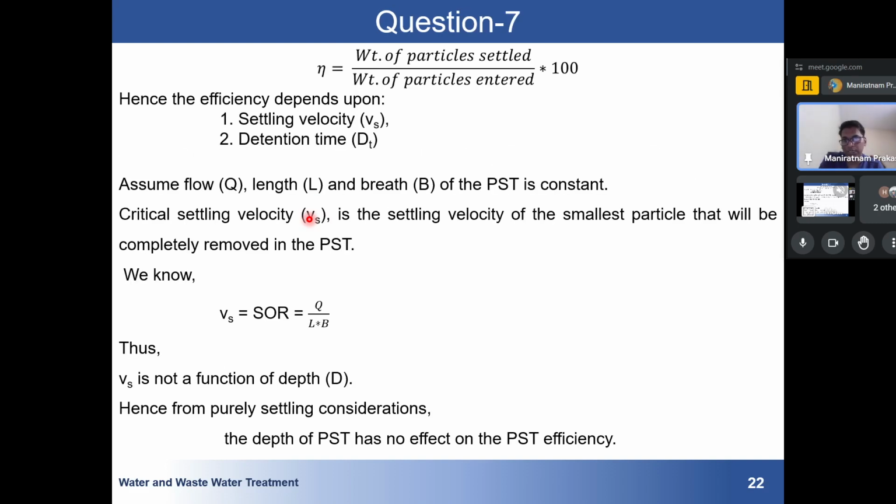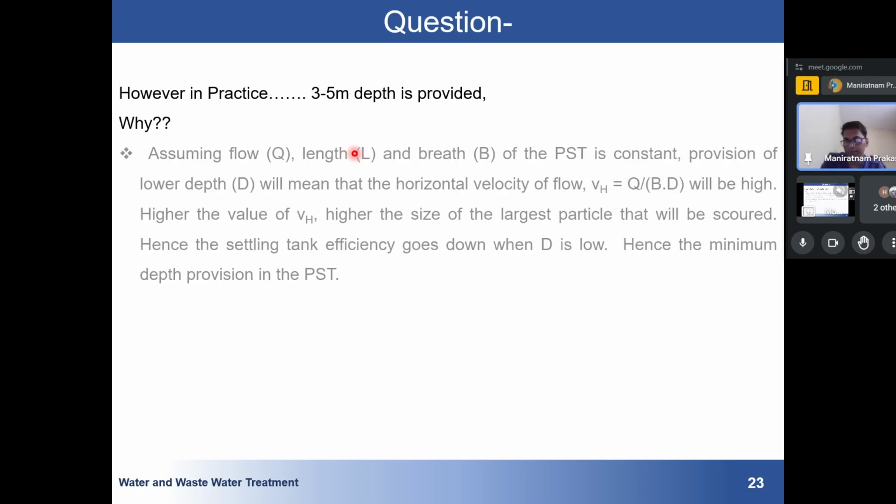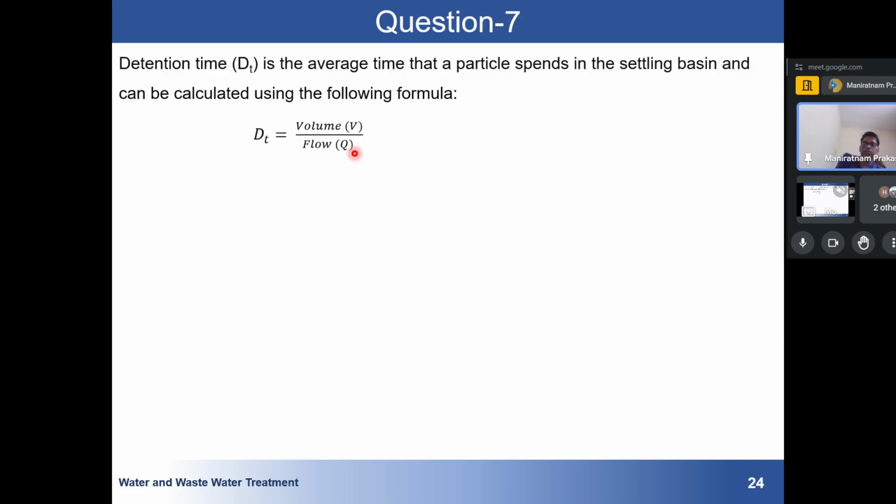Now this was about settling velocity. The second thing on which our efficiency depends is detention time, and it is defined as the time that a particle is suspended in the settling basin. It can be calculated using the direct formula, and that is given by volume divided by flow.